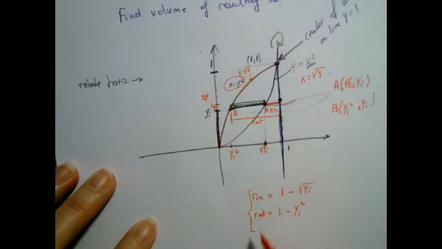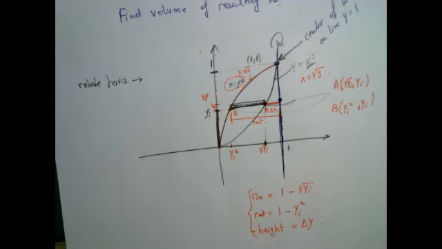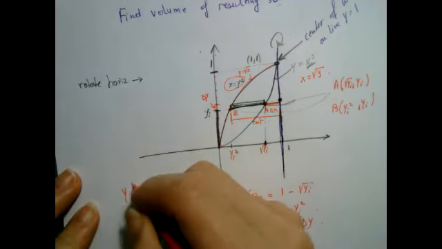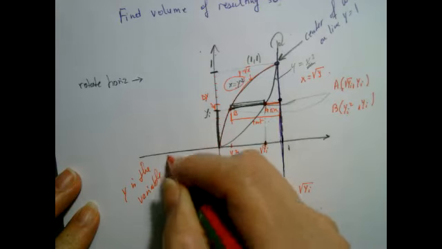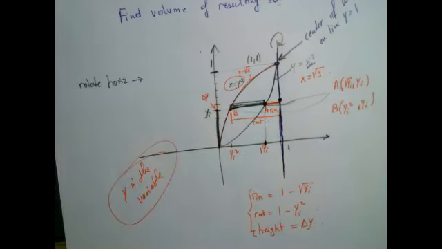What's the height here? Change in what? Change in y. Delta y. Be careful. Delta y. Y here is the variable. I know that we've never done something like this, but you have to start getting ready.